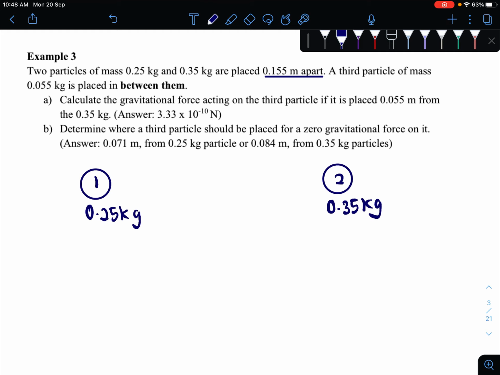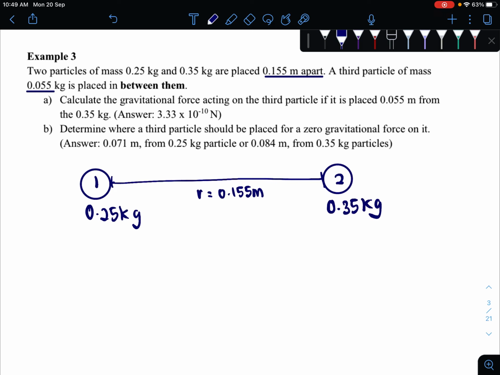So jarak antara objek 1 dan objek 2 adalah sebanyak 0.155 meter. A third particle of mass 0.055 is placed in between them. So kita ada 0.055 mass, another mass here has been placed in between them.